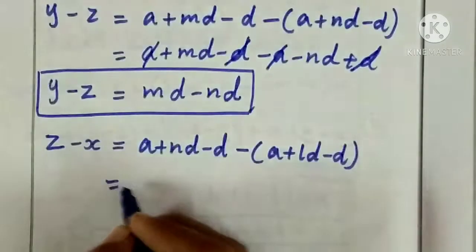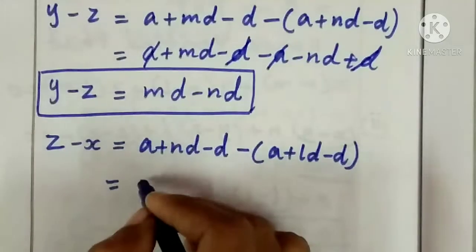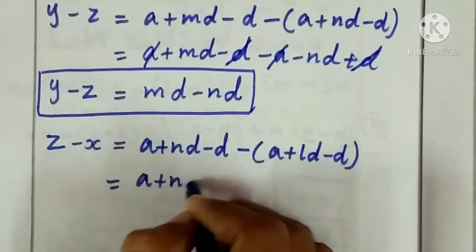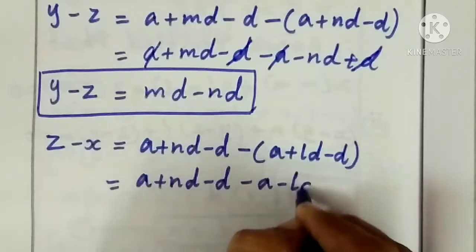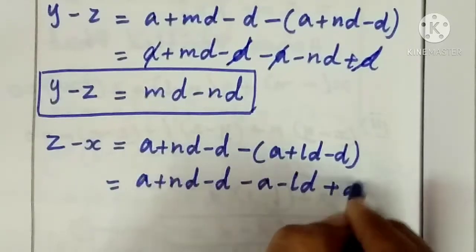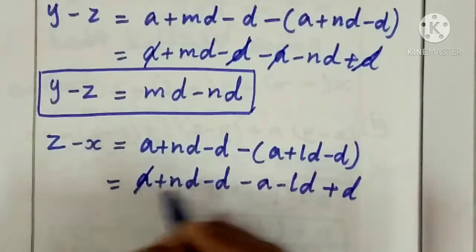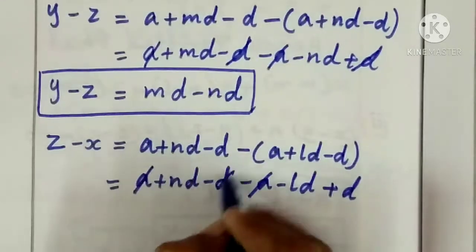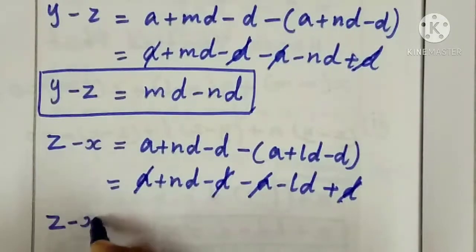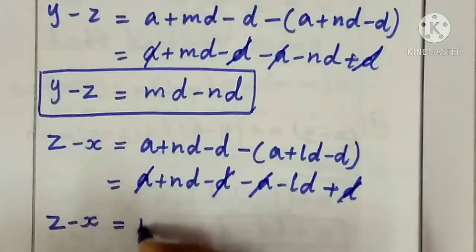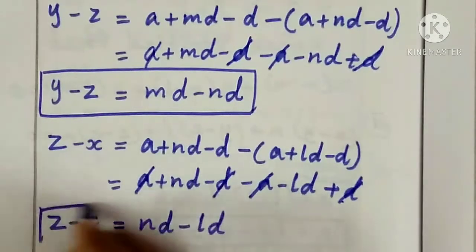Now you have to remove this bracket, means we get a plus nd minus d minus a minus ld plus d. Here you have to cancel plus a minus a and minus d plus d. Therefore, z minus x is equal to nd minus ld.